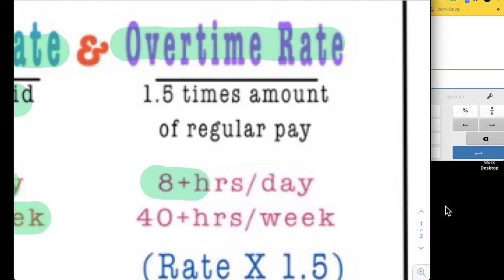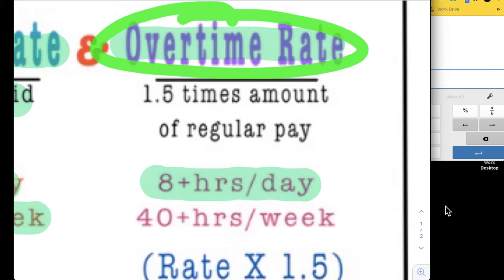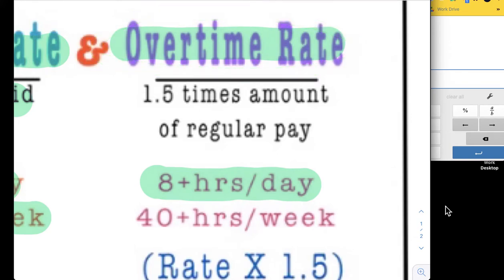So 8 plus hours a day, it becomes overtime pay, overtime rate. And the way they figure that out is they take your pay and it's 1.5 times the amount of regular pay. So they take your pay and they multiply it by 1.5.